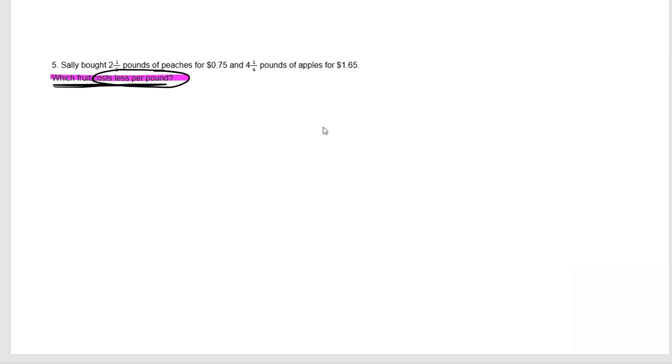So in order to compare those two prices, we need to find the cost for 1 pound of the peaches, and we need to find the cost for 1 pound for the apples, and then we can decide which one costs less. So let's do the peaches first.